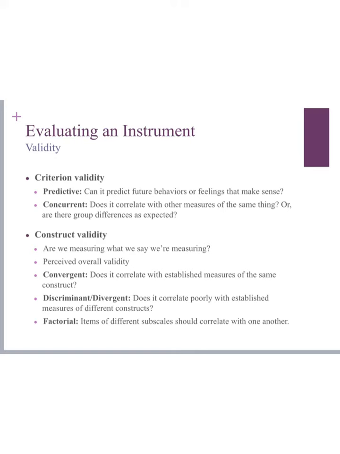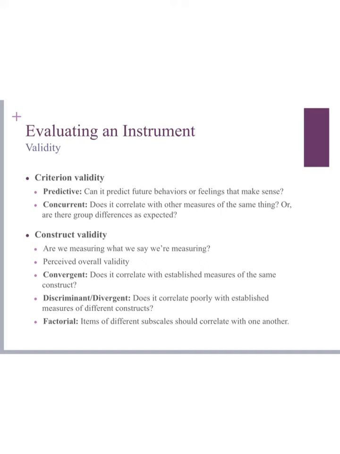One of the ways that we measure validity is by looking at convergent or discriminant validity. So does this measure correlate well with measures that it should? And does it correlate poorly when it shouldn't? Right? So for example, if you have a measure of therapeutic alliance, you would expect that it would correlate with other measures of therapeutic alliance.